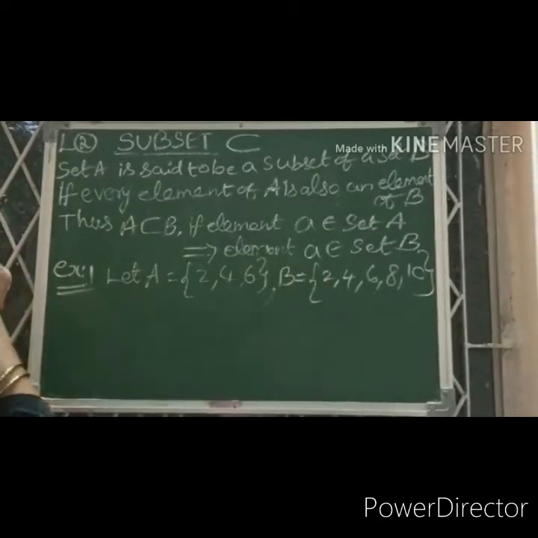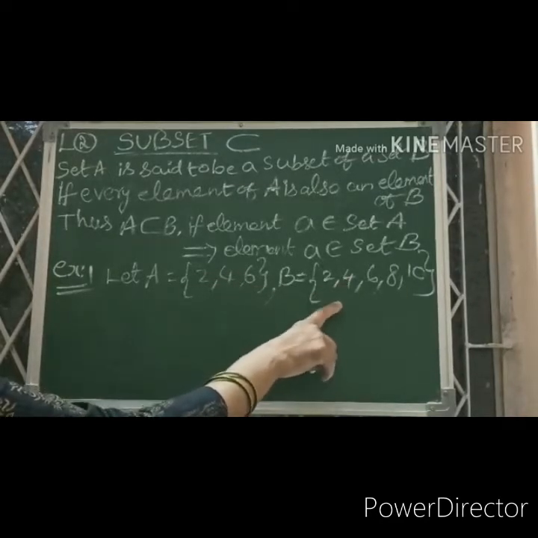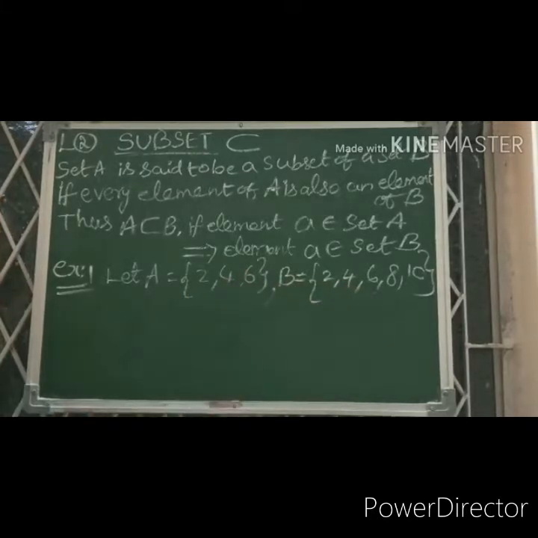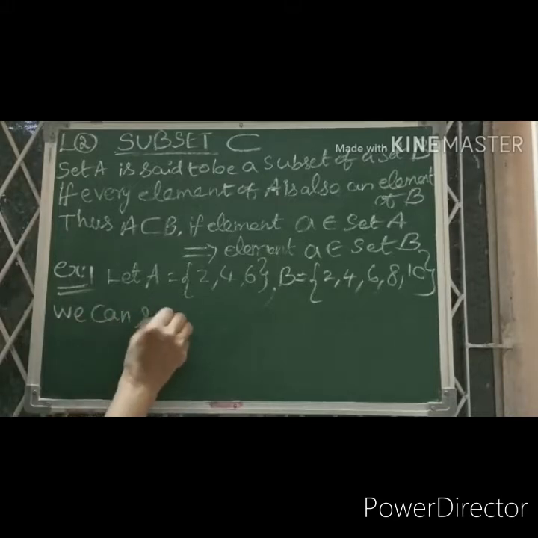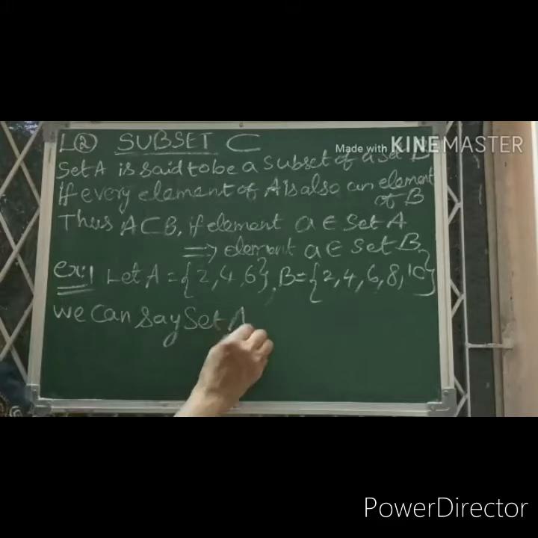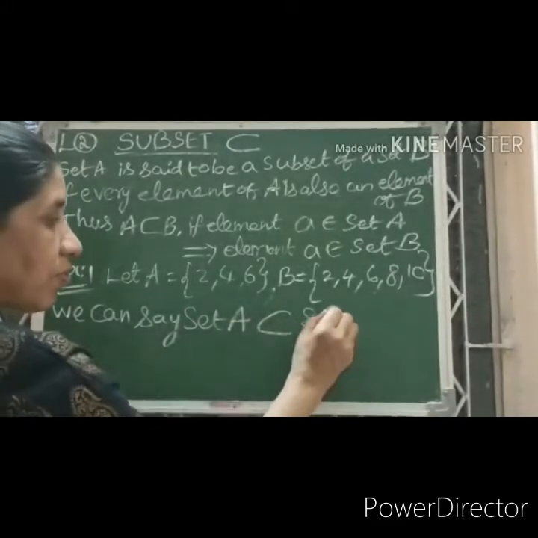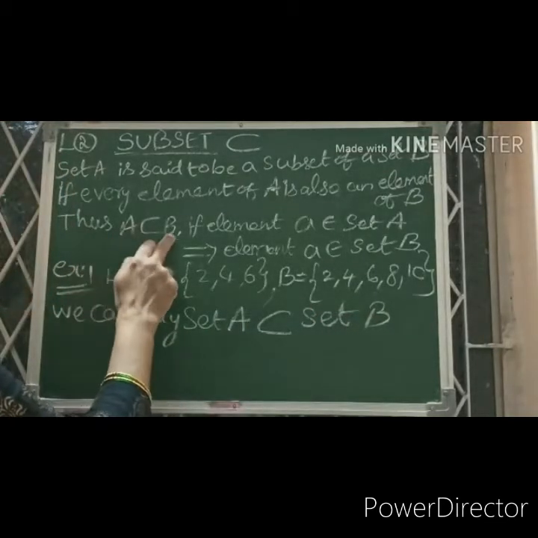What is the meaning of subset? Each and every element: 2, 4, 6. Yes, set B has 2, 4, 6. We can say set A is a subset of set B.